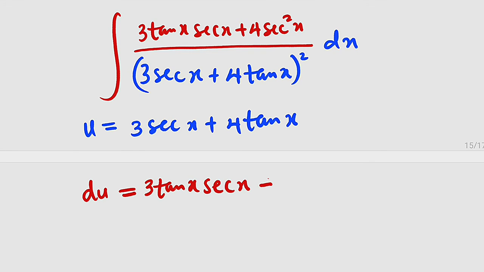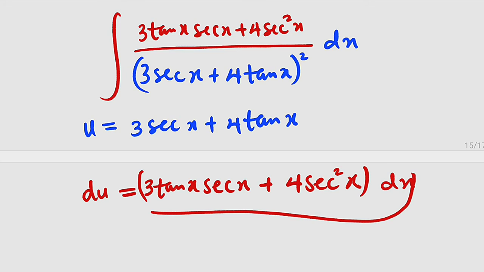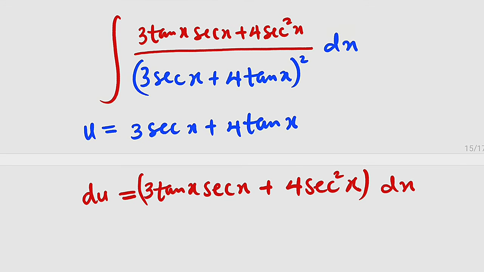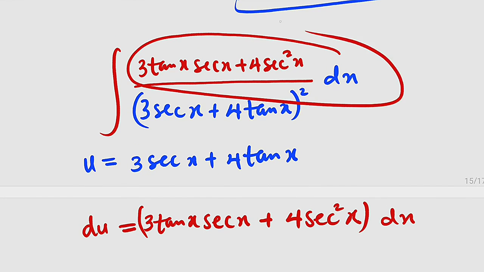Then you move to the next one, plus 4 multiplied by the derivative of tangent x, which is secant squared x, so we have 4 secant squared x dx. Just observe, the whole of this is exactly our numerator, which is to the top.